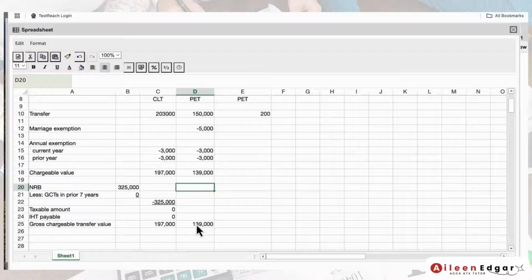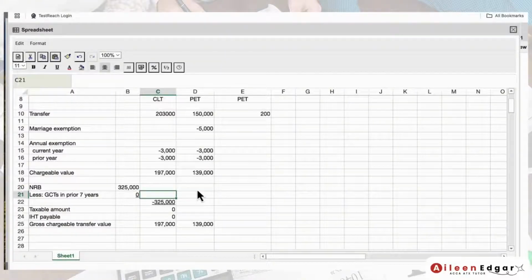There will not be. With a PET, the potentially exempt part of it is if the donor dies within 7 years of making that gift. That's where there's potentially tax. A CLT, there is tax to pay unless you've got enough nil rate band to cover the value, which we did in that first instance.